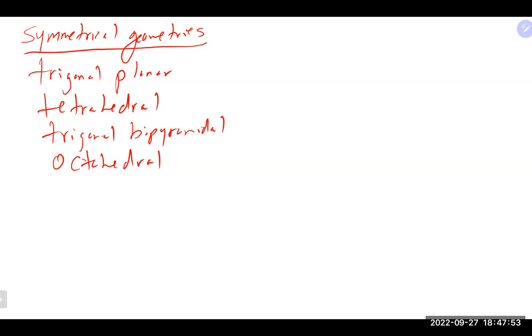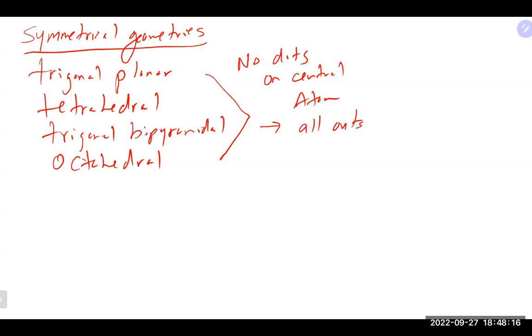So what these guys all have in common, if you remember when you drew your Lewis structures, is that there are no dots on the central atom. So if you draw one of these Lewis structures that have this molecular geometry and you got no dots on the central atom, and all the outside atoms are the same element, it will be a nonpolar molecule in most cases.